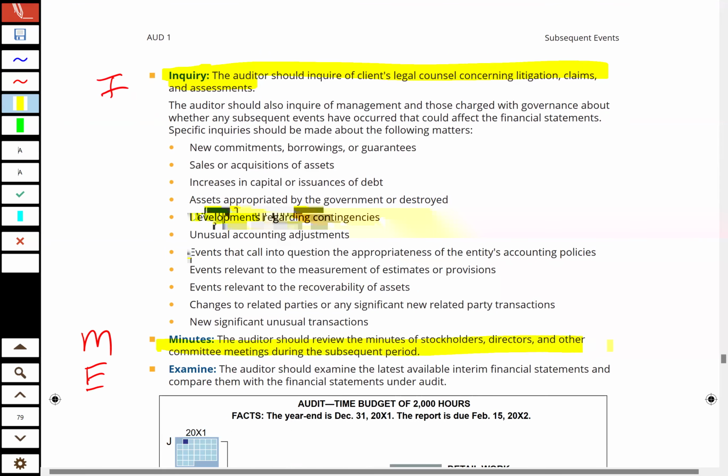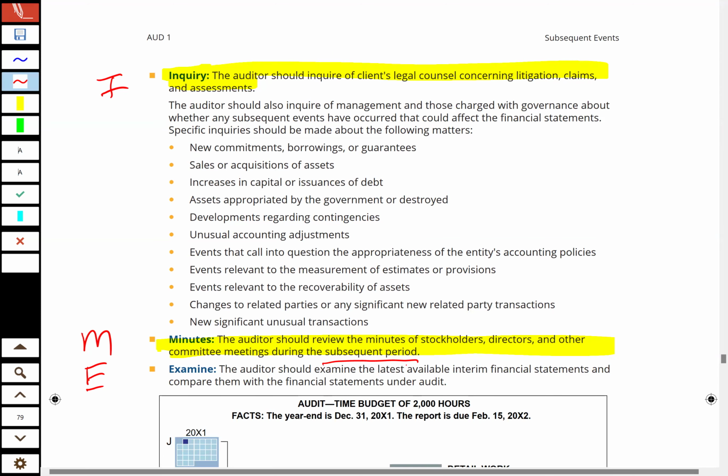Minutes of the directors for the subsequent period. Okay, because what happens? Something's being resolved in January, and maybe you have the minutes of the board of directors meeting for January, and they talk about the settlement. I've seen minutes where they'll talk about a suit and the settlement, and you start asking what suit, what settlement, and you might find out that that thing had already been filed before the year end and needs adjustment and whatnot.